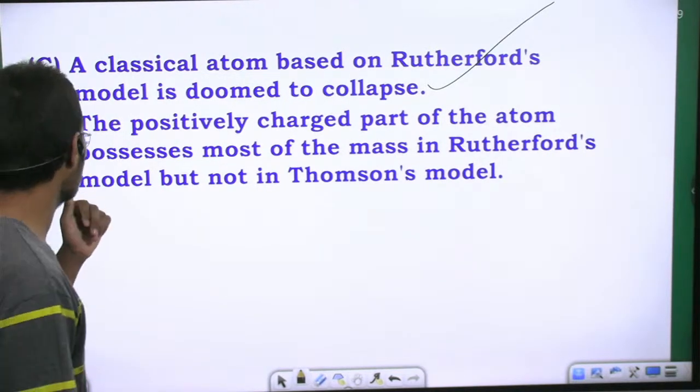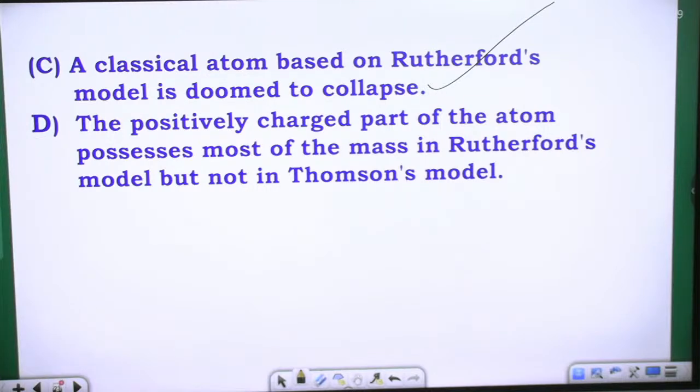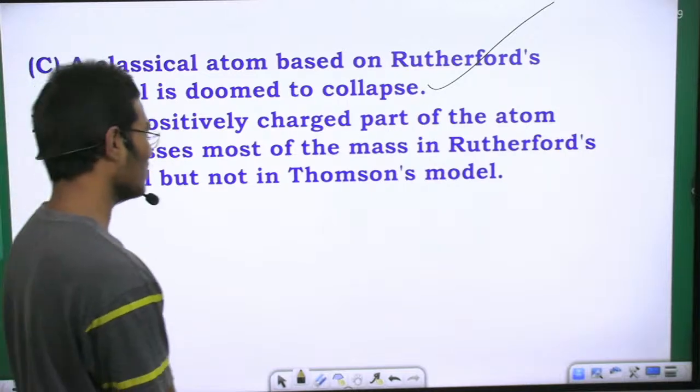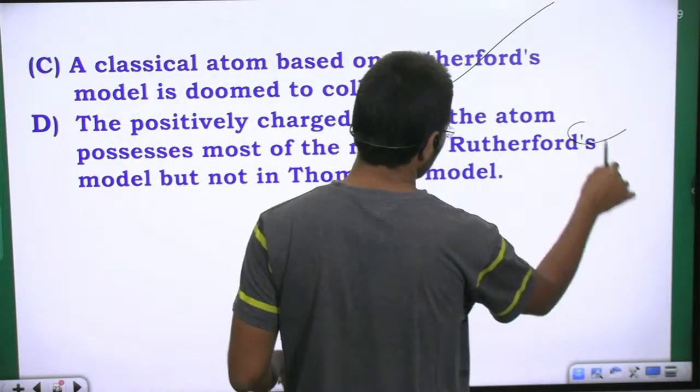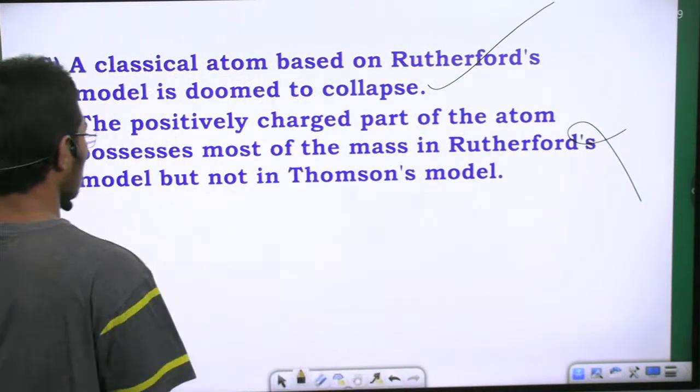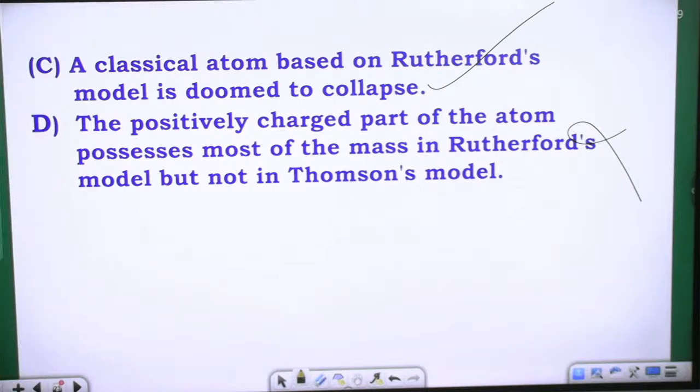Correct. Option D, the positively charged part of the atom possesses most of the mass in Rutherford model but not in Thomson's model. It is again wrong. Because the nucleus got invented, the mass is not just due to protons but also due to the nucleus.